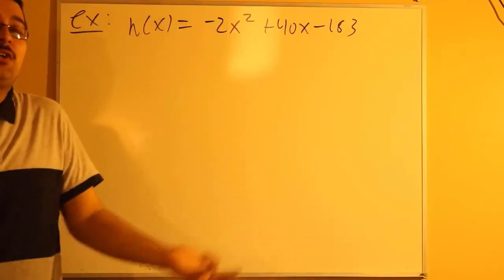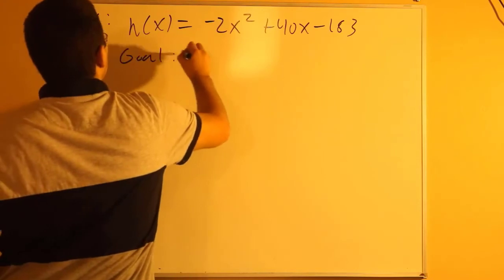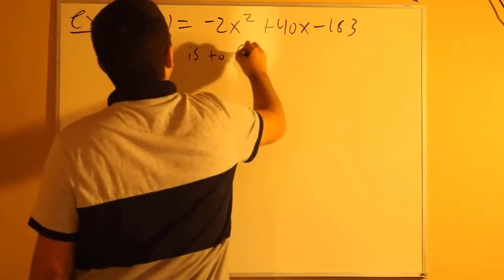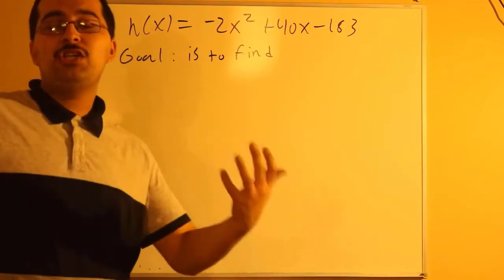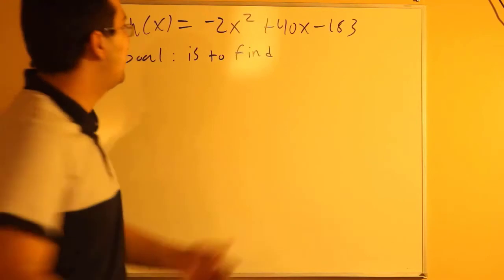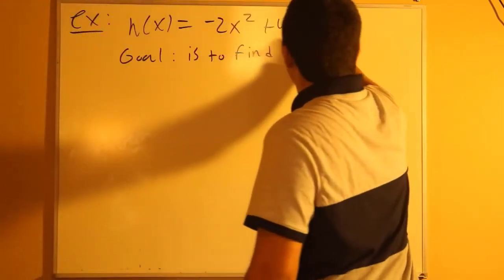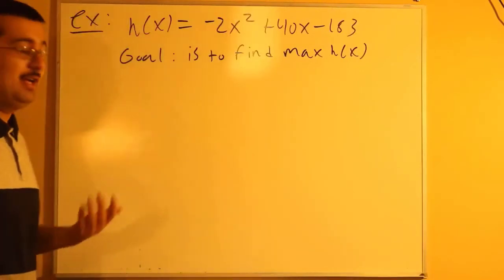So, let's go ahead and just understand this. Alright, our goal is to find the tallest height, and we understand that h of x represents height. So in other words, we want to find the max h. We want to find the max h of x. That's what we want to find.